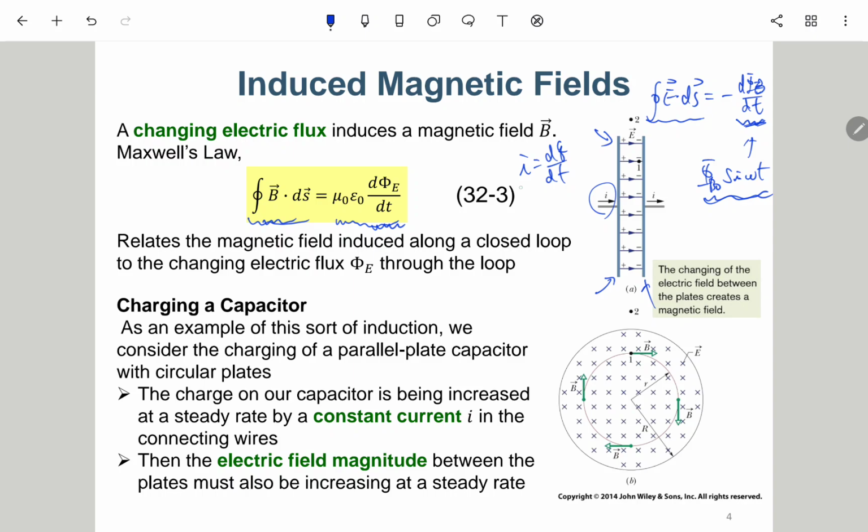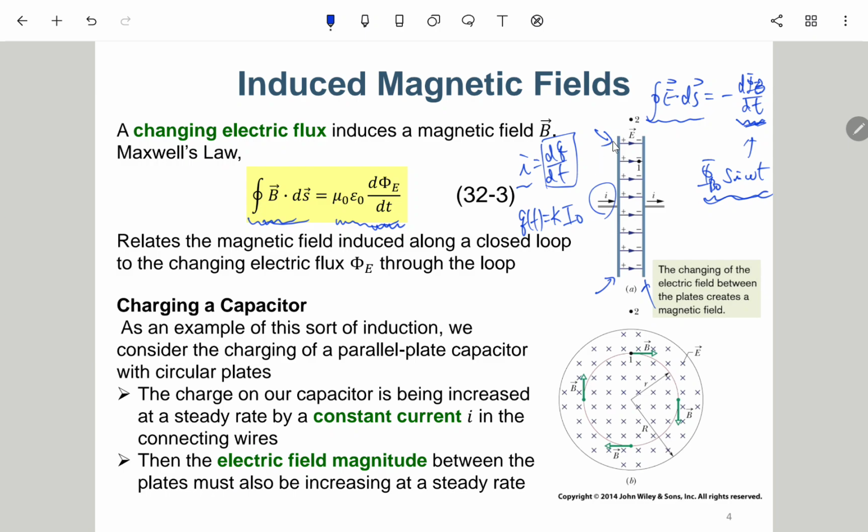So if I is a constant, Q is linearly increasing. Suppose Q is 0 at the beginning, then Q of t will be like K times I times t, something like that. So it is an increasing charge.